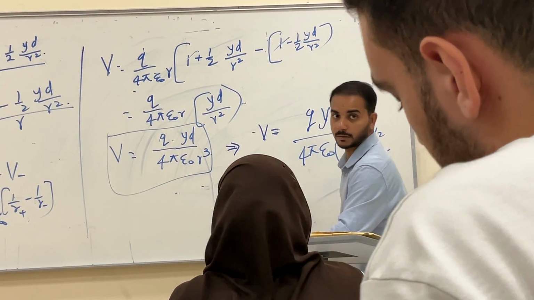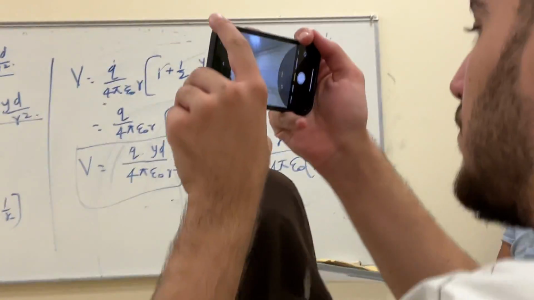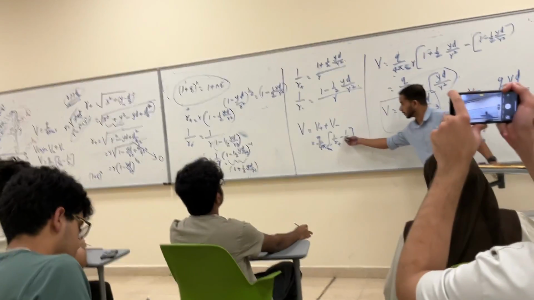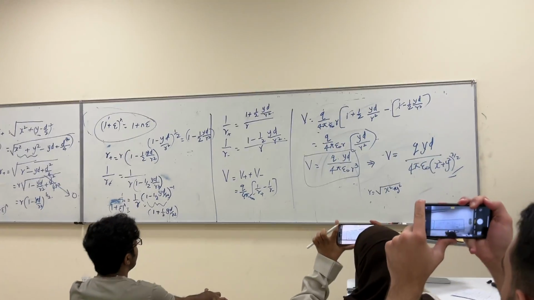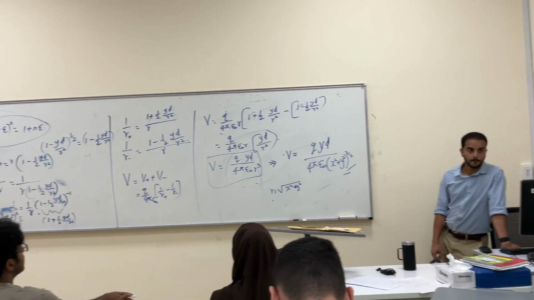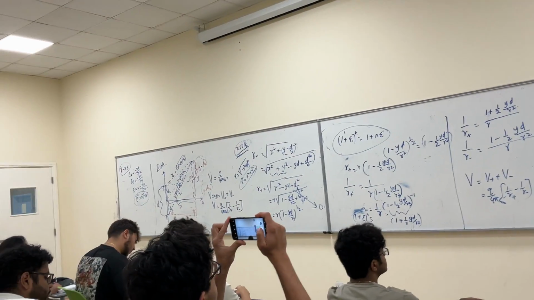Okay? Professor, you know how V is equal to negative KQ over R? Yeah, it's KQ over R, but it has a negative sign. So if you want V plus and V minus, the positive will go to the other side.